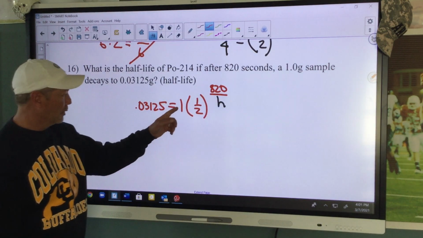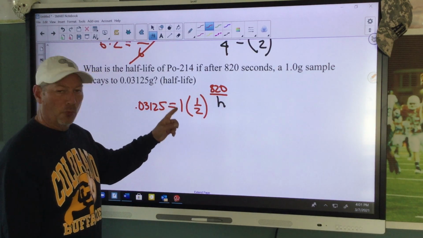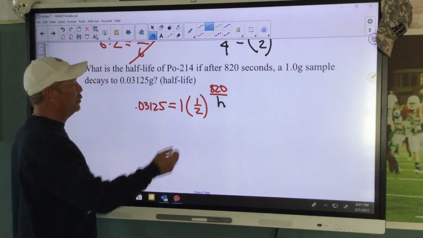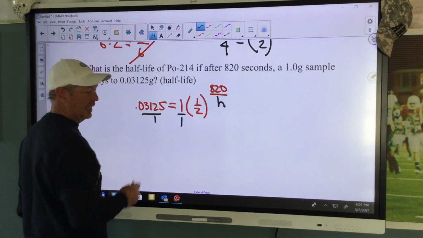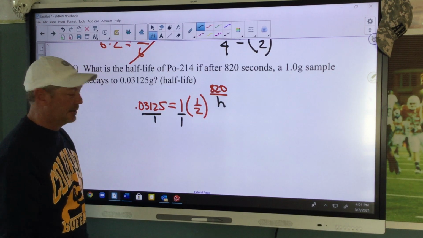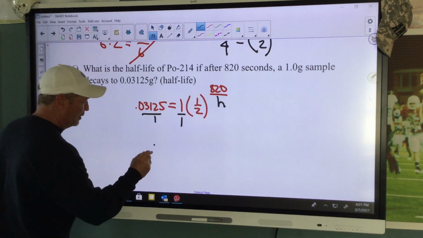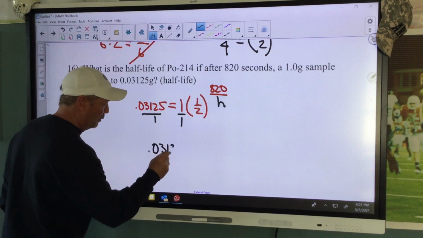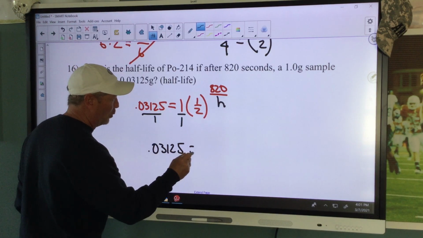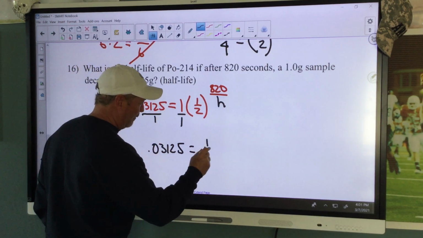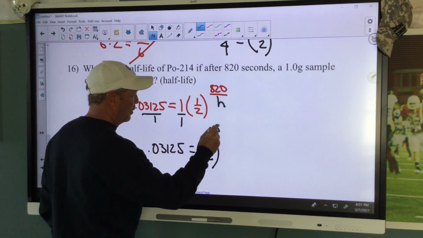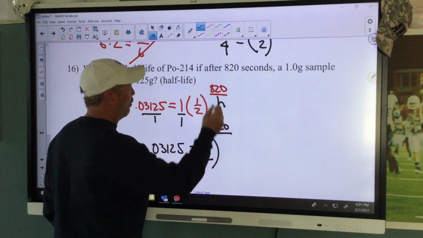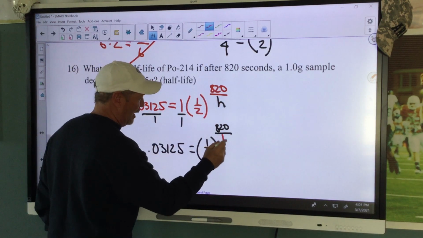So normally if this would have been a different number, we would divide by 1, okay? But when you divide by 1, it stays the same. 0.03125 equals 1/2 raised to the 820 over H, your half-life.